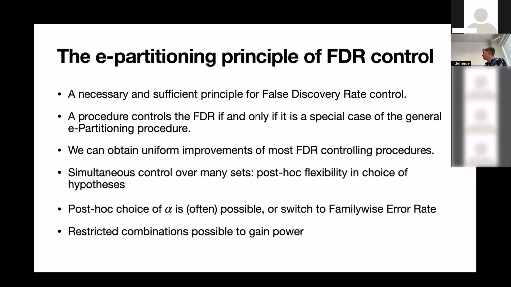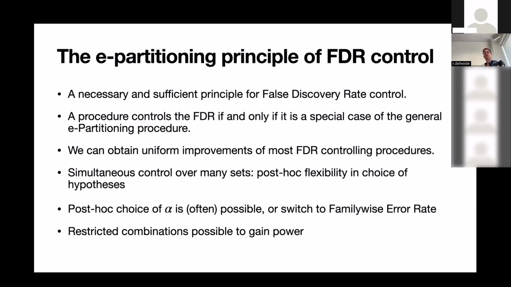I don't think that people even knew that it should be possible, but yeah, it's possible, and that's very nice. And for BH we still don't have an improvement in that we reject more hypotheses, but already having this simultaneity is very nice. Then also, if you don't let your e-values depend on alpha, you can get post hoc flexibility in choosing alpha.